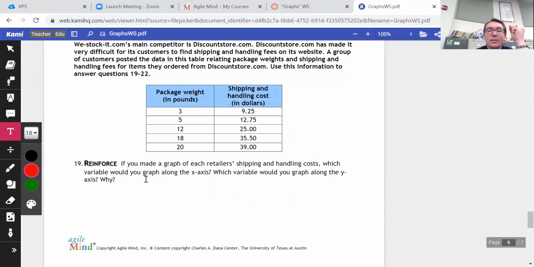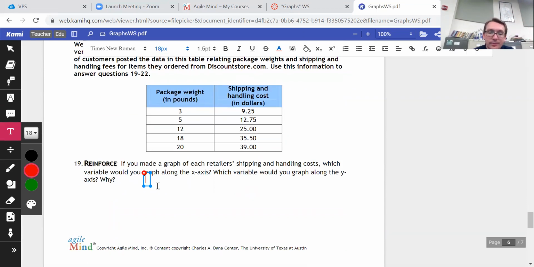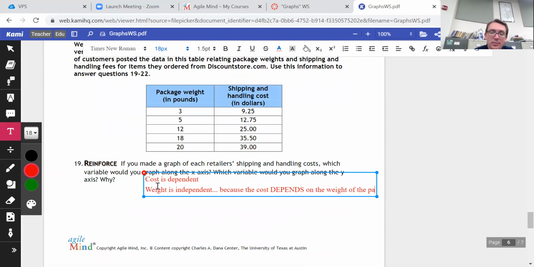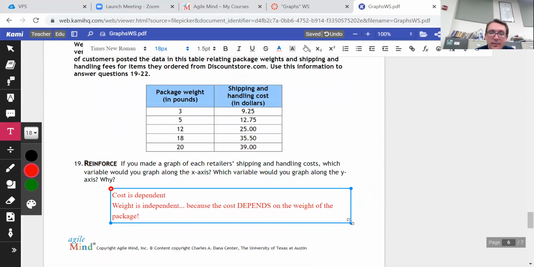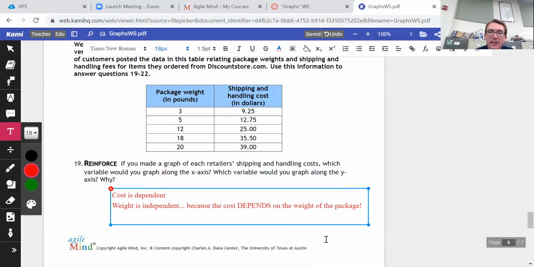So cost is dependent. Weight is independent, because the cost depends on the weight of the package. There. All right. So we got that.